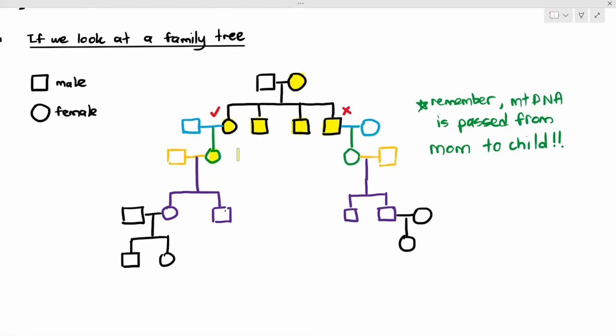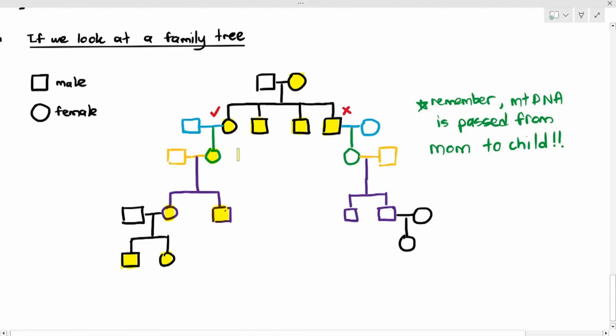The child receives it. So those I have highlighted in yellow will all have exactly the same mitochondrial DNA sequence, unless mutation happens. But assuming mutation does not happen, mitochondrial DNA is identical for all these people. And we can use mitochondrial DNA as a comparison to see who our parents are. So for you as an individual, your nuclear DNA will be a mixture of both your biological parents.